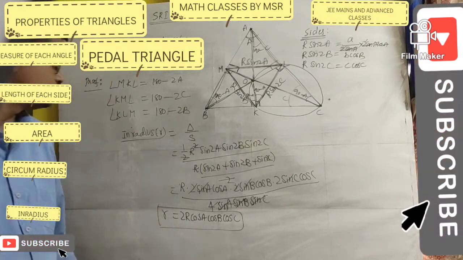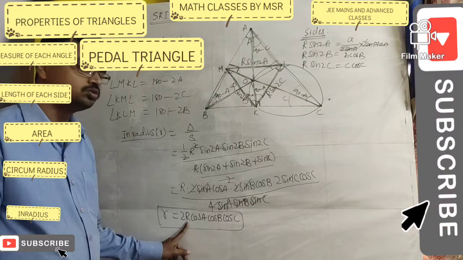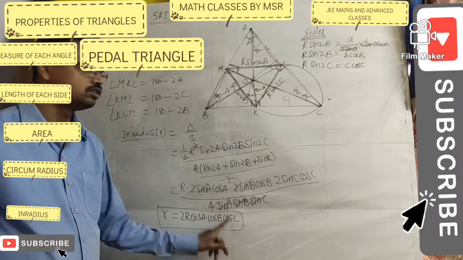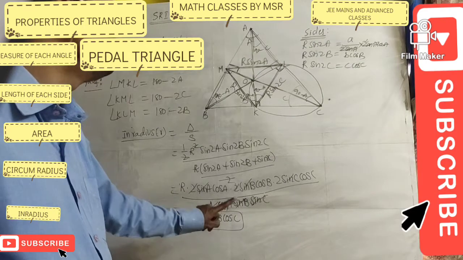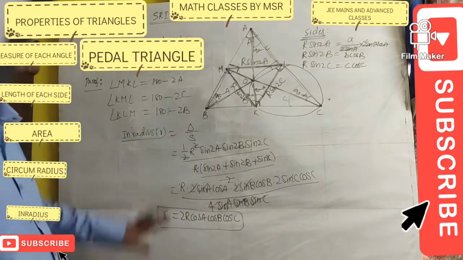The inradius of the pedal triangle is r equals 2 capital R cos A cos B cos C.